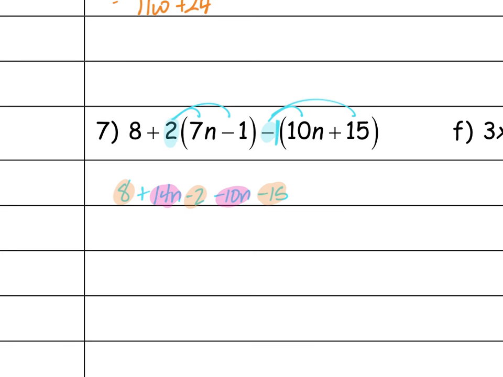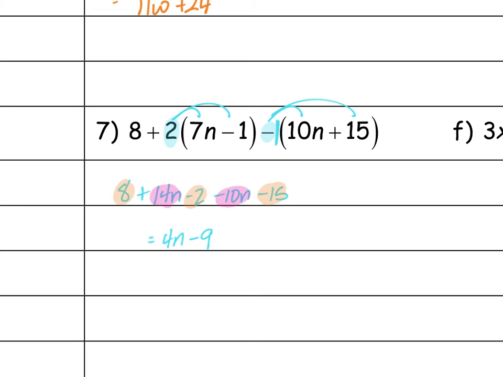Beautiful. So 14n minus 10n gives me 4n, and 8 minus 2 is 6. And 6 minus 15 is -9. So 4n minus 9. Yay.